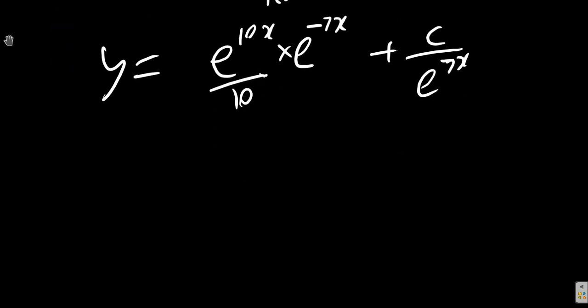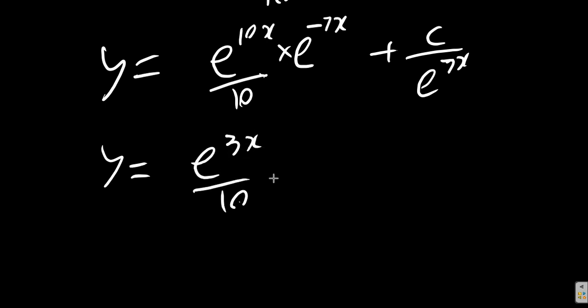So this would be y equals e to the 3x divided by 10 plus c e to the negative 7x. So that's what we have there.